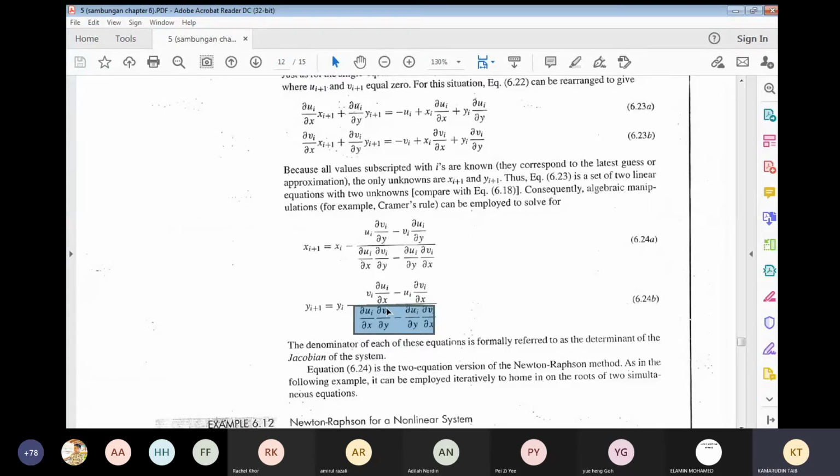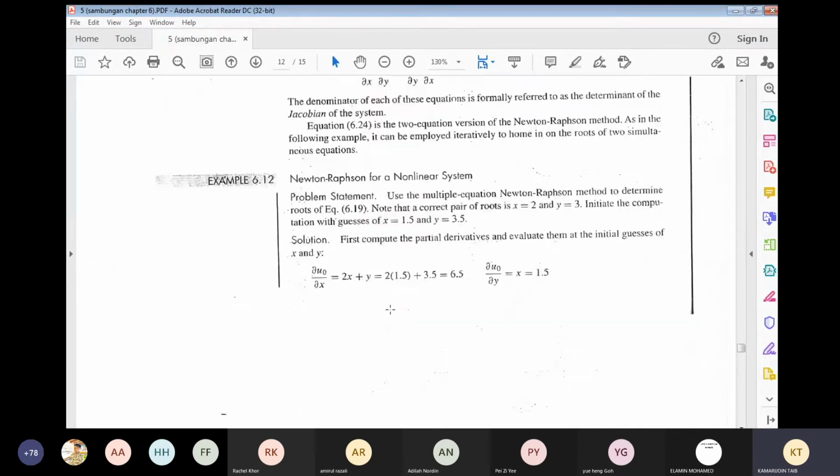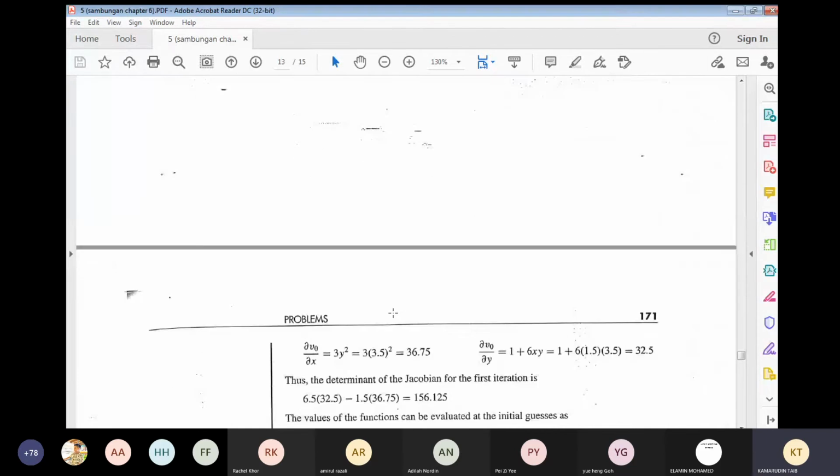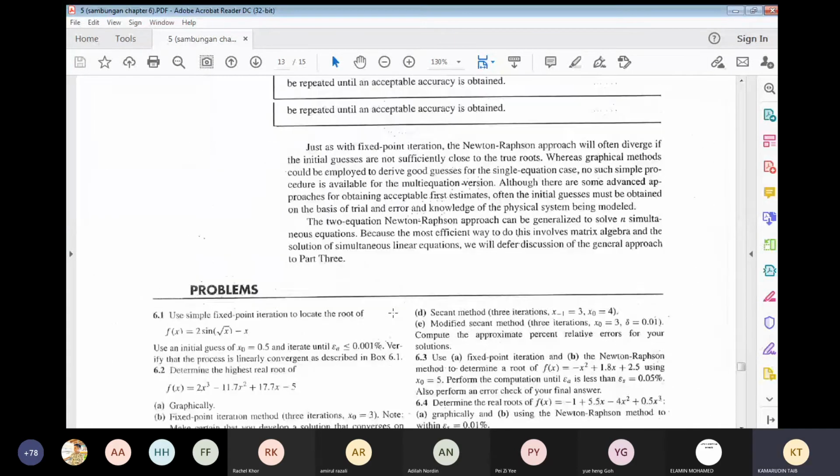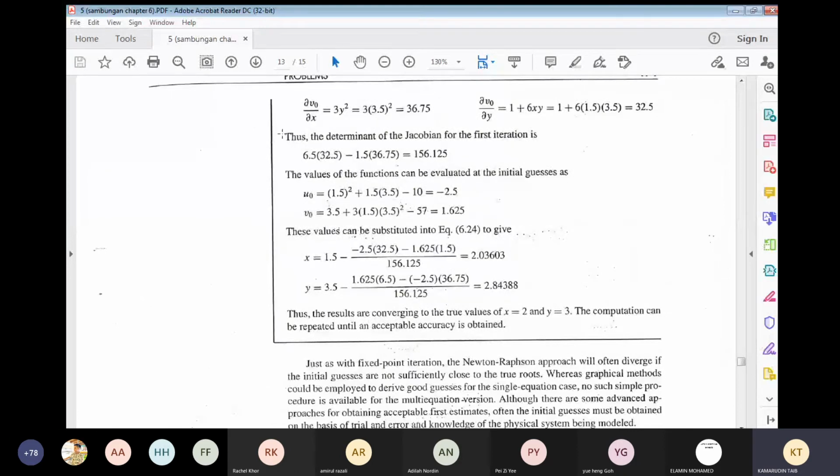This denominator part, Jacobian, we call it. Jacobian for the first iteration. The value of the function can be evaluated at the initial guess of u0 equal to 1.5.